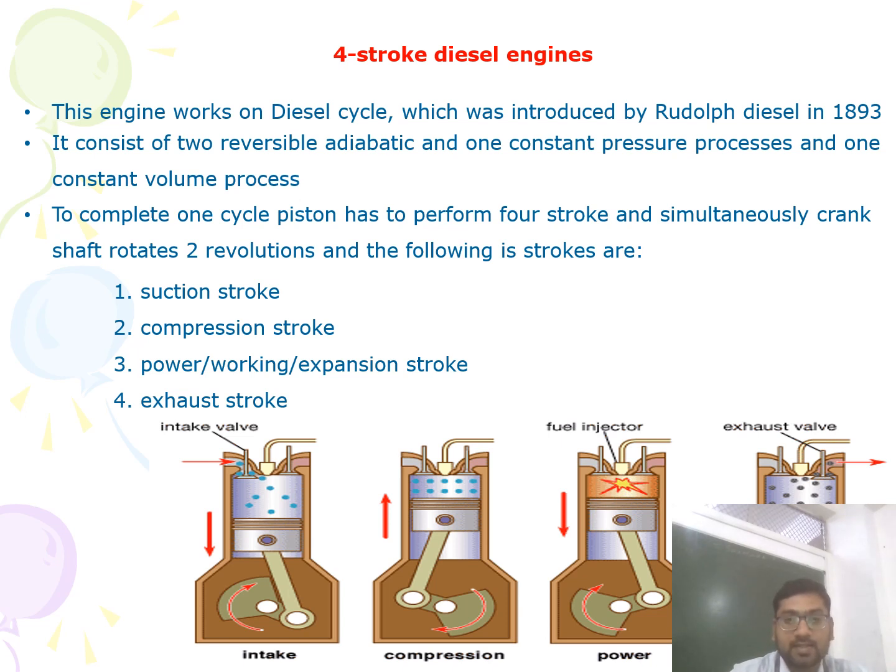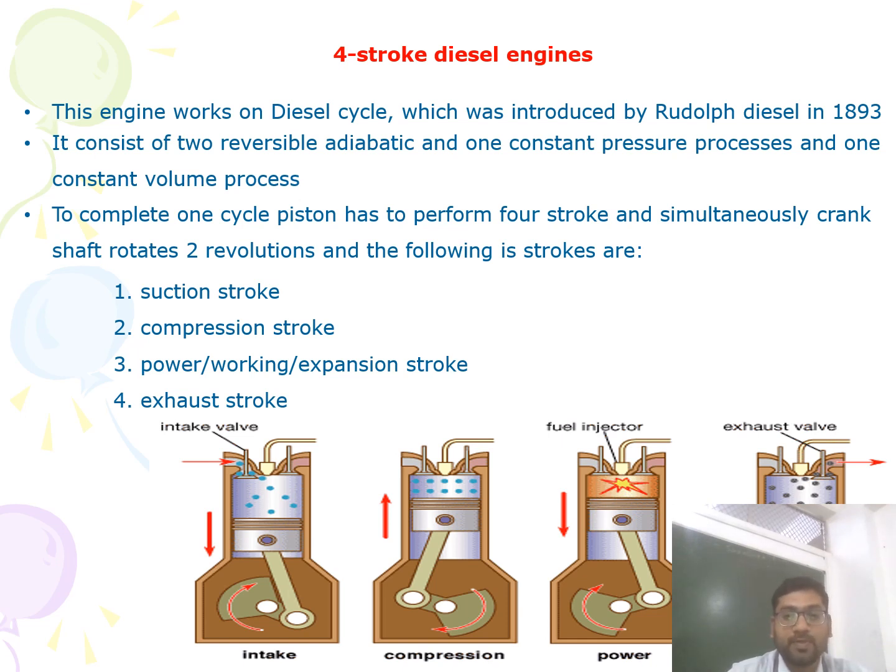As the diesel fuel particles come in contact with the high pressure and high temperature air, the fuel ignites, and this type of engine is also called the compression ignition engine. Shortly, you can say the CI engine.